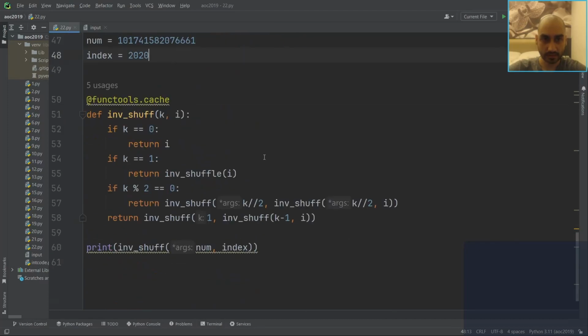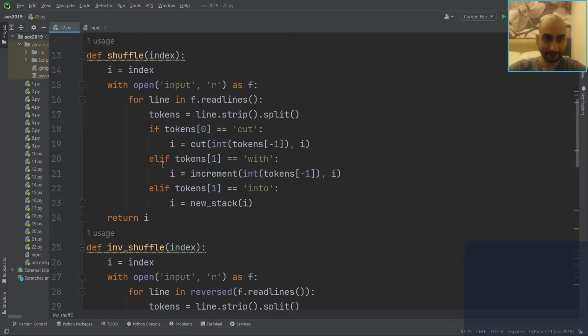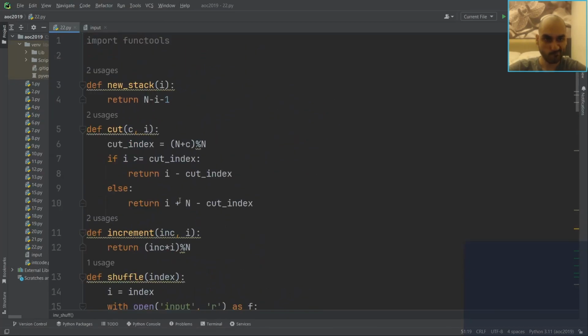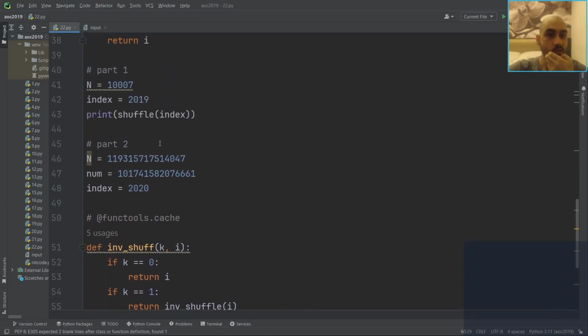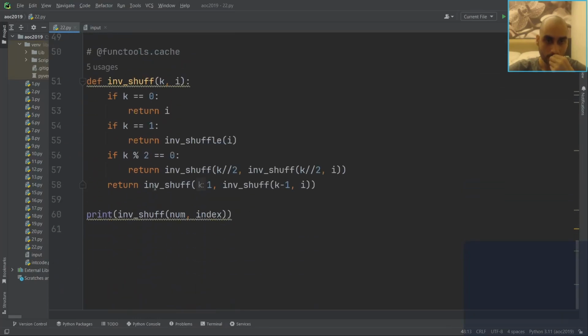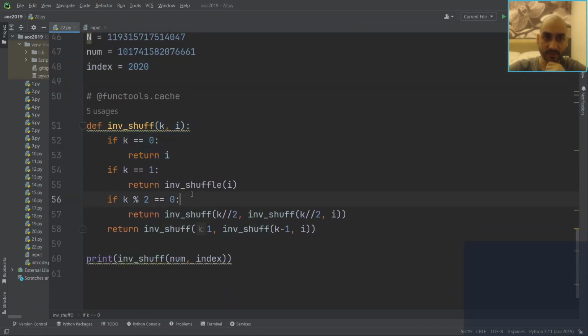So let's see. So here we don't need func tools right now. Turn that on. So this is our inverse shuffle.